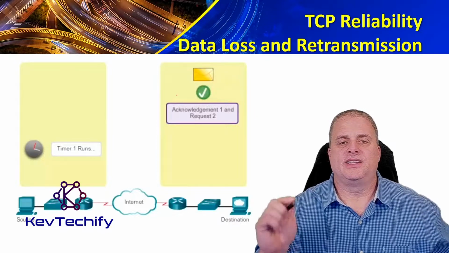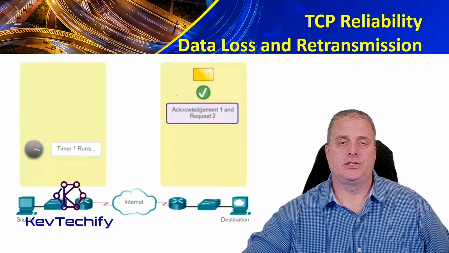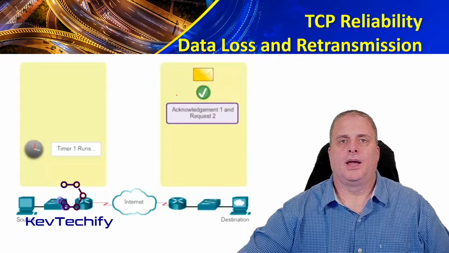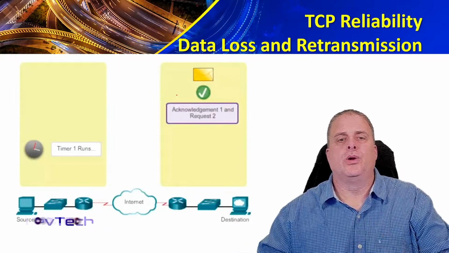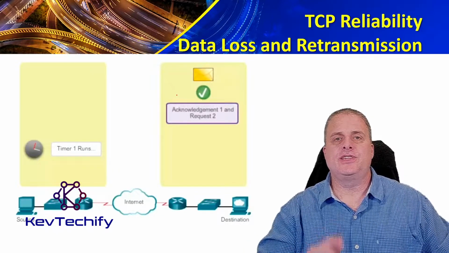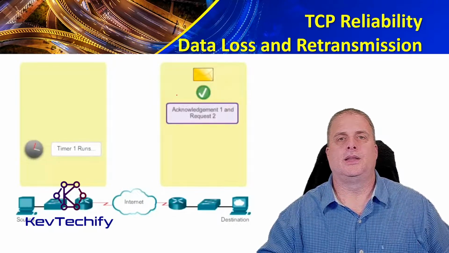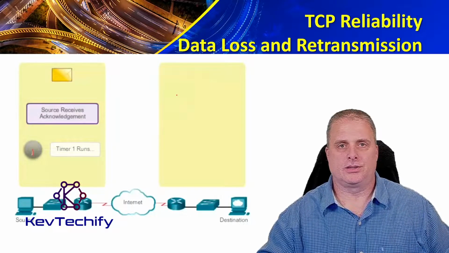We can see that the destination has received segment 1, acknowledges the delivery, and is going to send an ACK 2 requesting segment number 2. Why? Because it received segment 1 and now it's going to request segment 2. The acknowledgement goes back to the source.